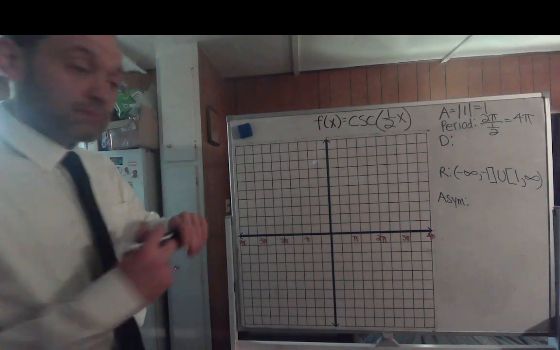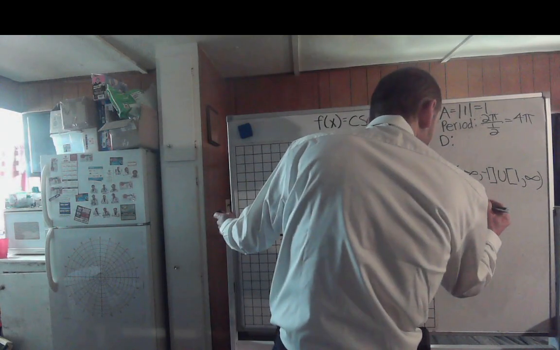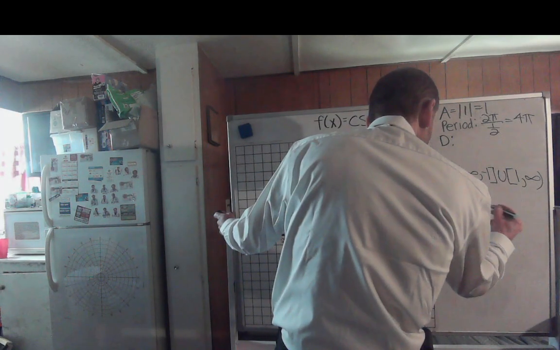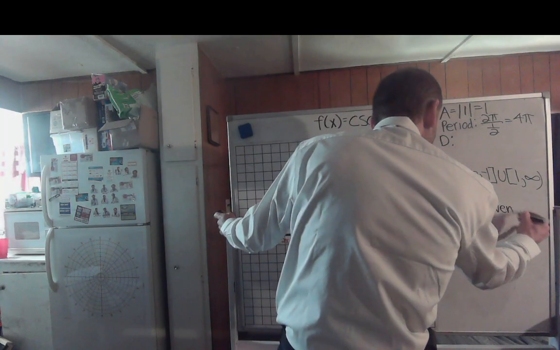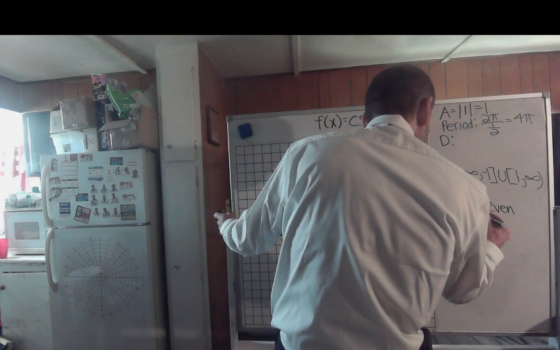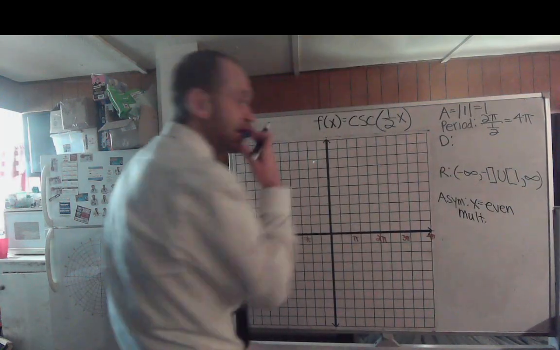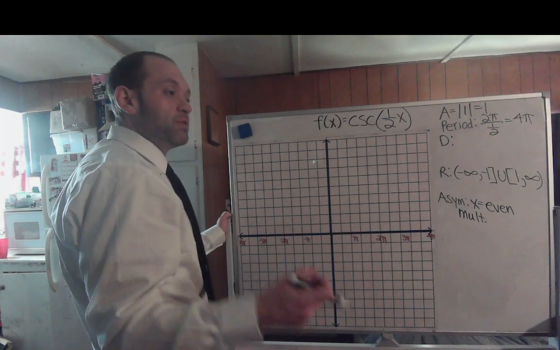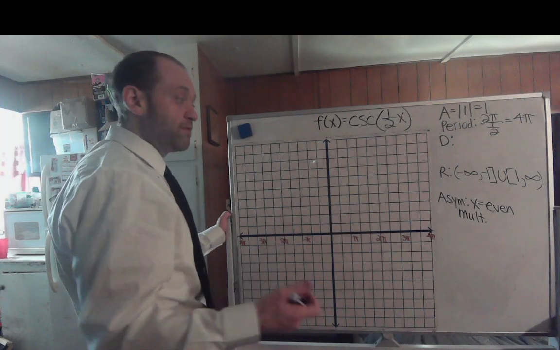So your asymptotes would actually be at even multiples of pi. X equals even multiples of pi. Because, for example, you take pi divided by half, you get 2 pi. You take 2 pi divided by half, you get 4 pi.